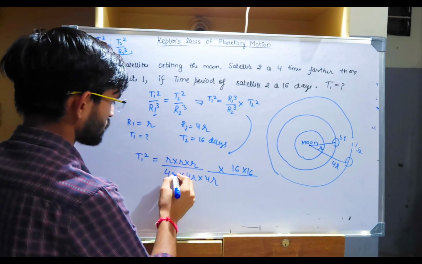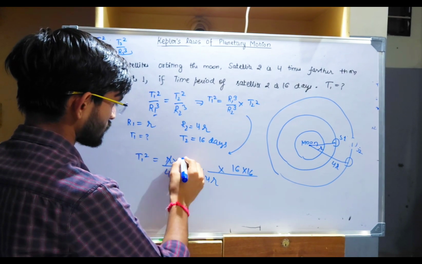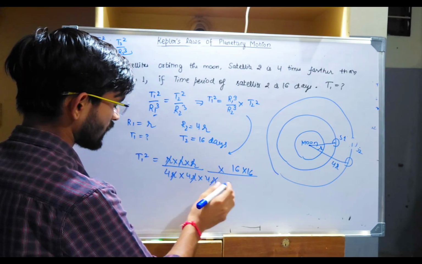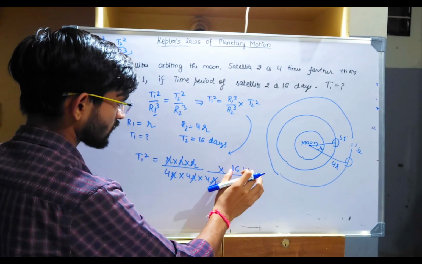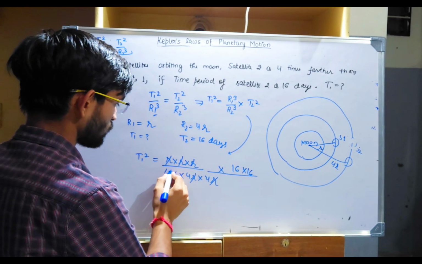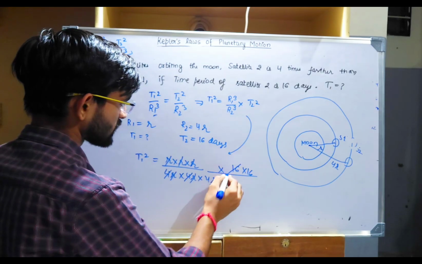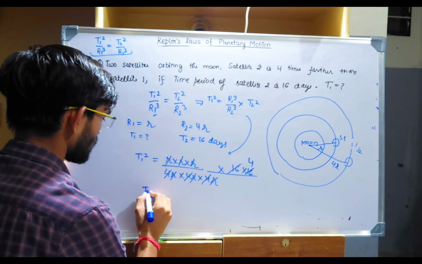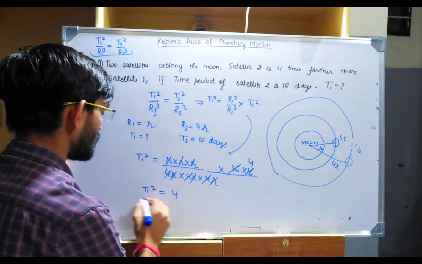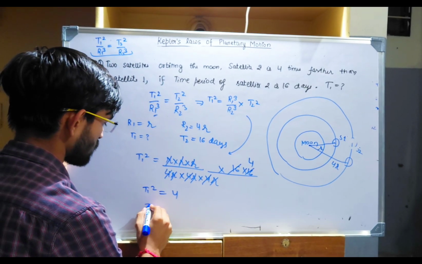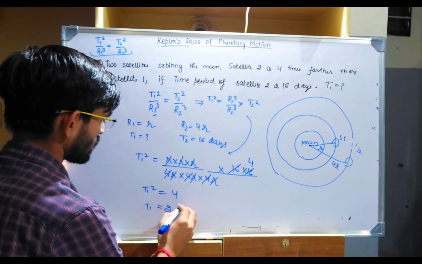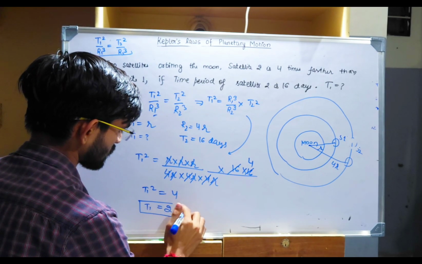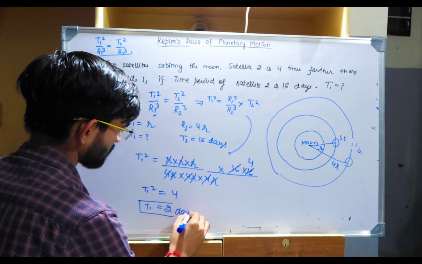So r cancels with r, three times. We are left with 4 into 4 into 4 in the denominator, and in the numerator we are left with 16 into 16. 4 fours are 16, 16 cancels out, and we are left with 4. So T1 square is equal to 4. Taking square root on both sides, we get 2. So the time period of satellite 1 is 2 days.